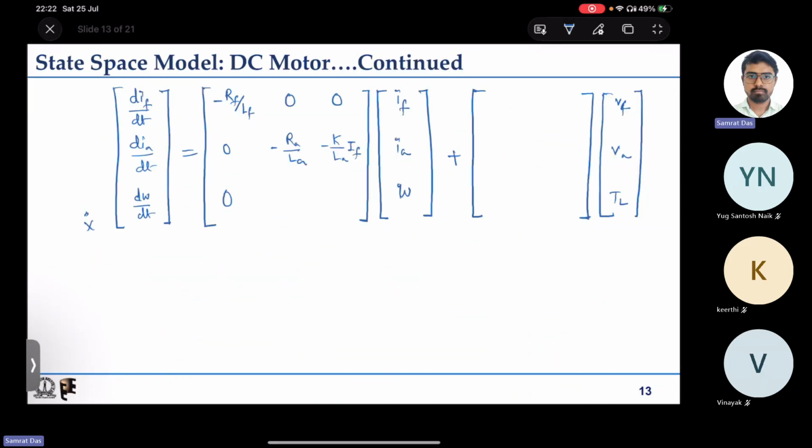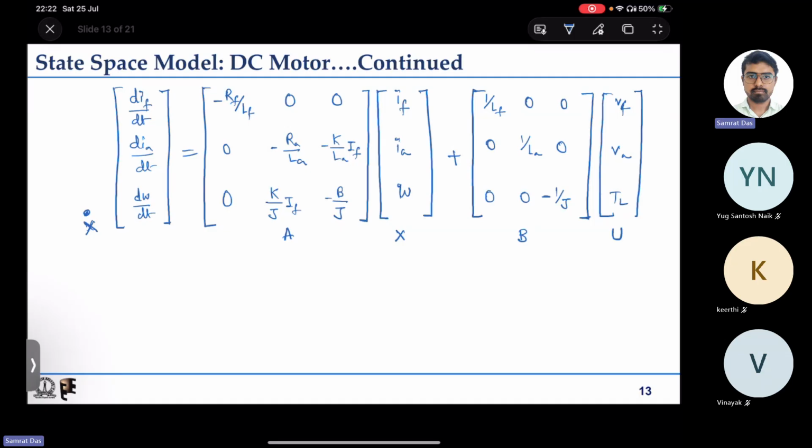The third row: 0, K by J into IF, minus B by J. What we have in the B matrix is quite simple: 1 by LF, 0, 0; 0, 1 by LA, 0; and 0, 0, 1 by J, minus 1 by J. So the first one is our x dot matrix, second one is our A matrix, this is our X matrix, this is the B matrix, and this is the input matrix.